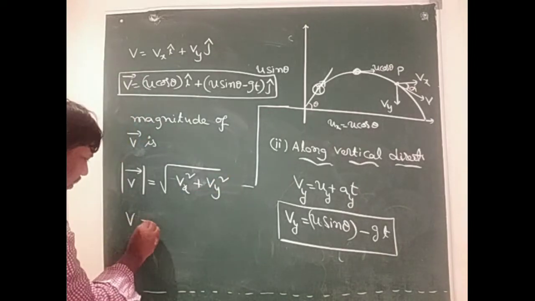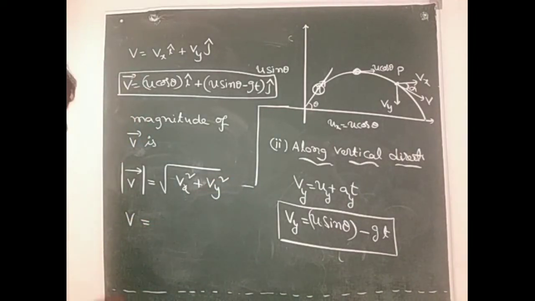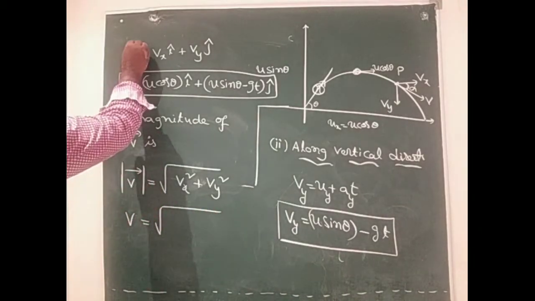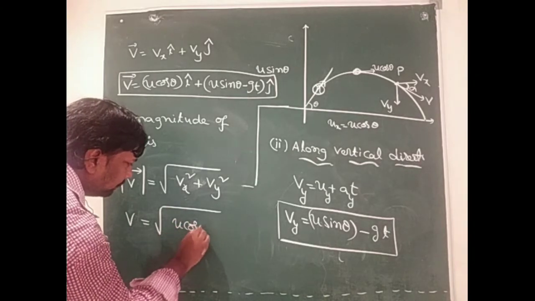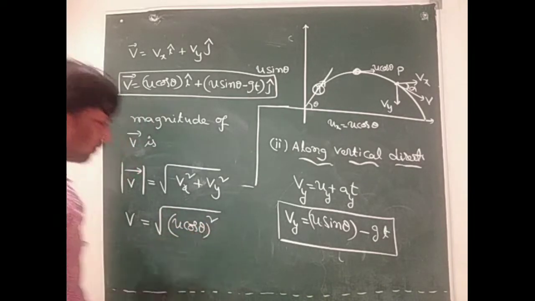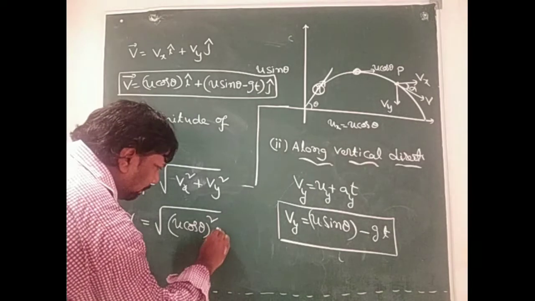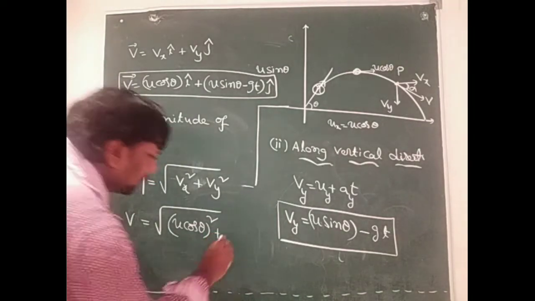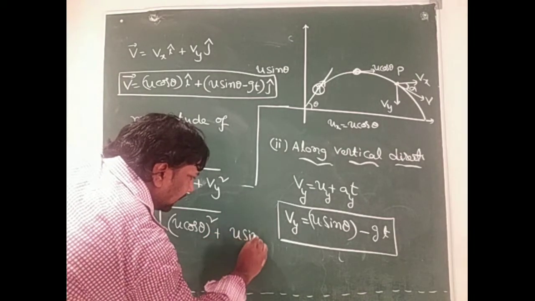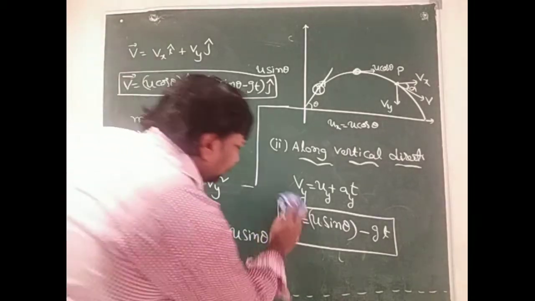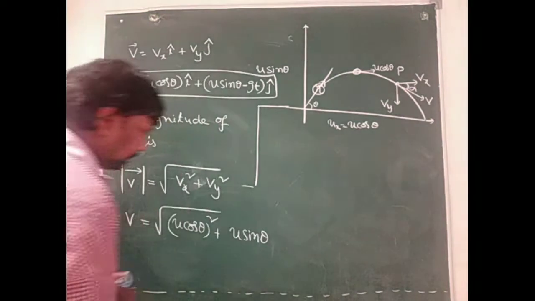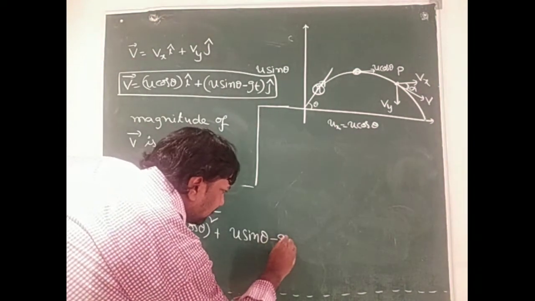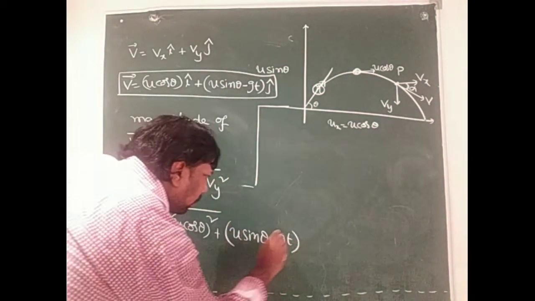Vx means u cos theta whole square plus vy means u sin theta minus gt whole square.